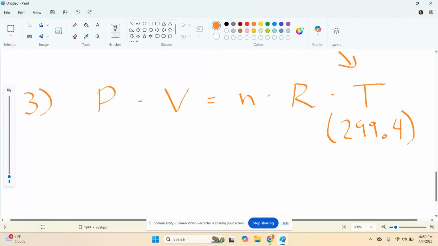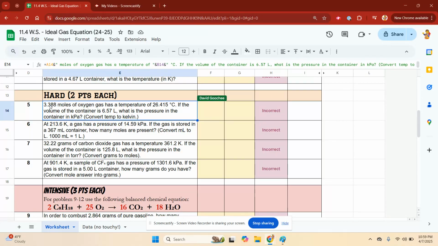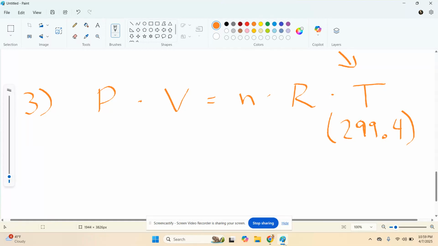That is the temperature in Kelvin. Now let's plug in some other values from this problem. What else do we have? We have that there are 3.388 moles of gas. So for moles, I'm going to plug in 3.388.